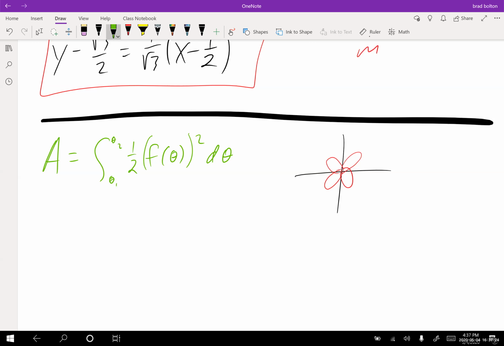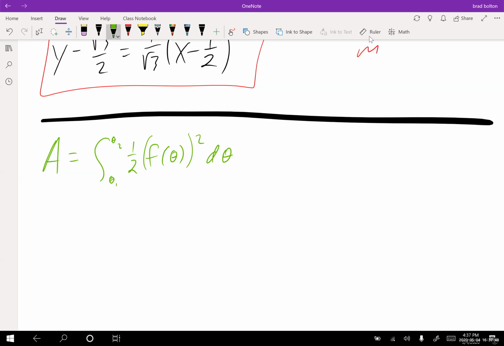The way it works is it sweeps. So when they ask you to find the area in the first loop, it sweeps like this. It kind of does this sweeping motion, and it's really only going one direction, but I'm just showing you guys. It just goes like this, and it sweeps that area right there. Okay, so that's how we're going to calculate our area.